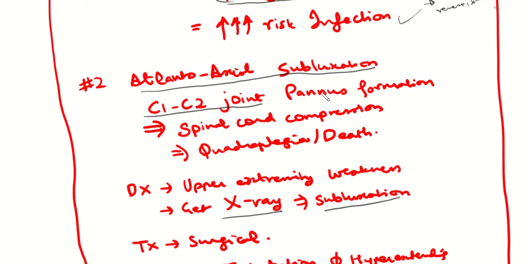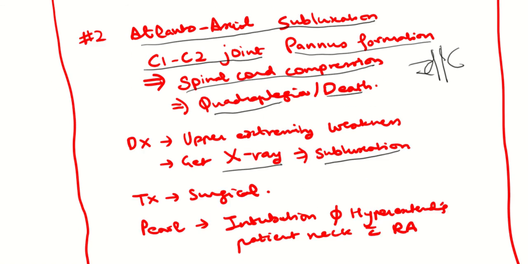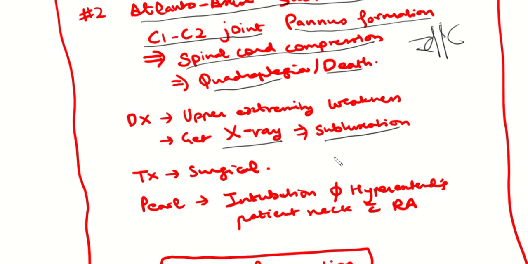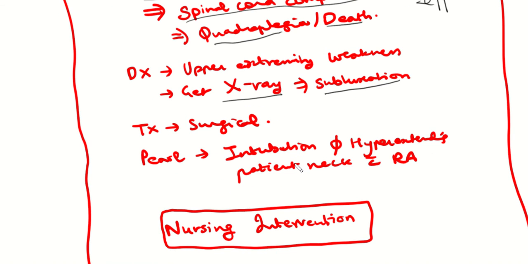In a patient with rheumatoid arthritis, this may be due to pannus formation, and so this may lead to spinal cord compression. And remember that area of the spinal cord, if it's compressed, may lead to quadriplegia and death. So again, this is serious. So the provider actually may recommend a surgical consult where somebody may have to decompress the spine, remove that pannus.